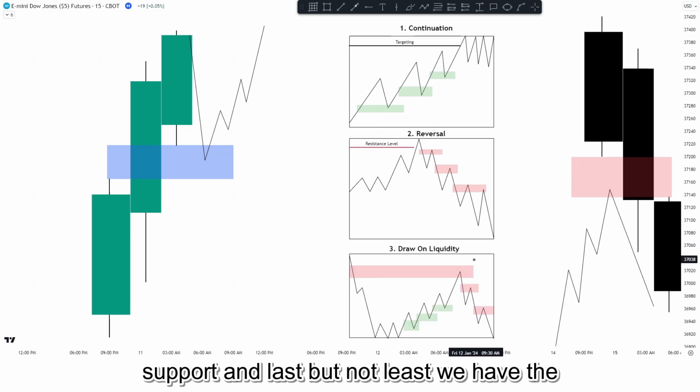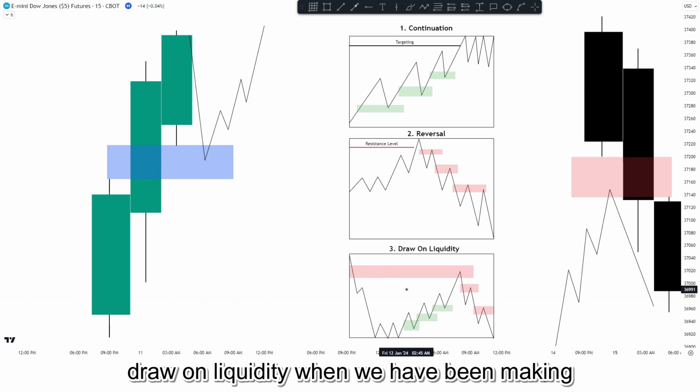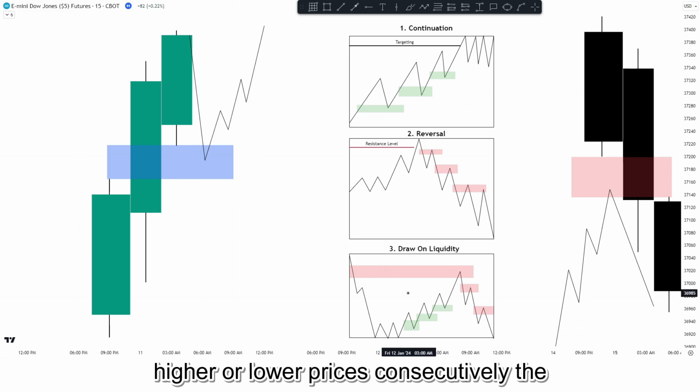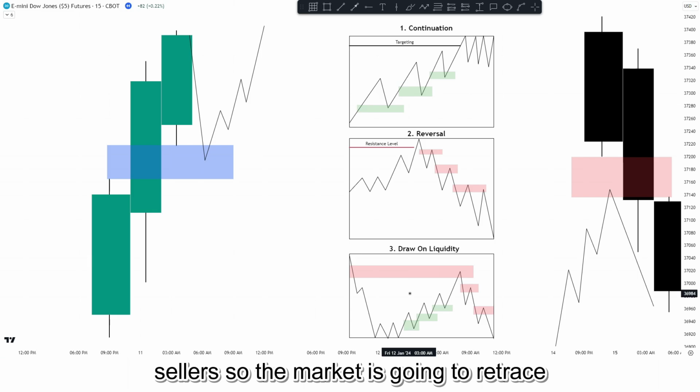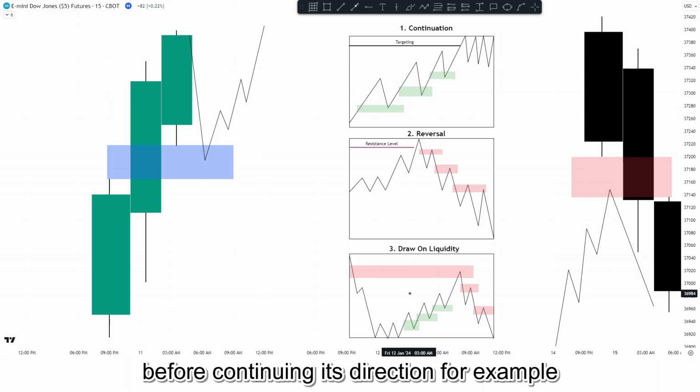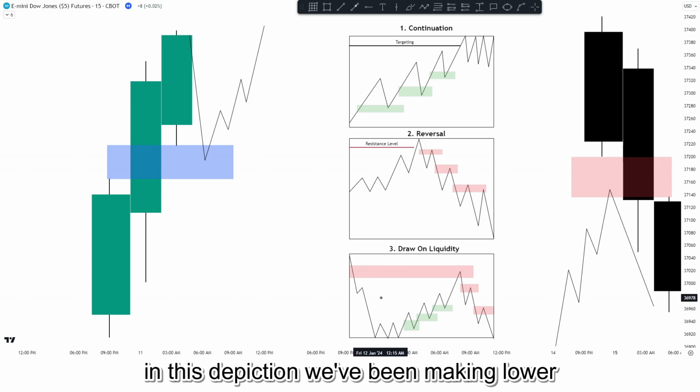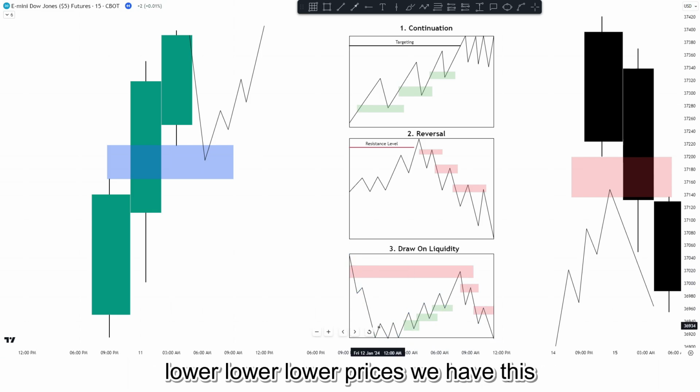And last but not least, we have the draw on liquidity. When we have been making higher or lower prices consecutively, the market becomes inefficient. This creates an imbalance between buyers and sellers. So the market is going to retrace into these inefficient levels to rebalance before continuing its direction. For example, in this depiction, we've been making lower prices.